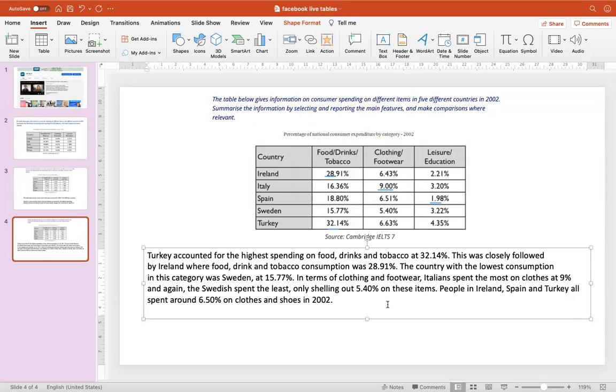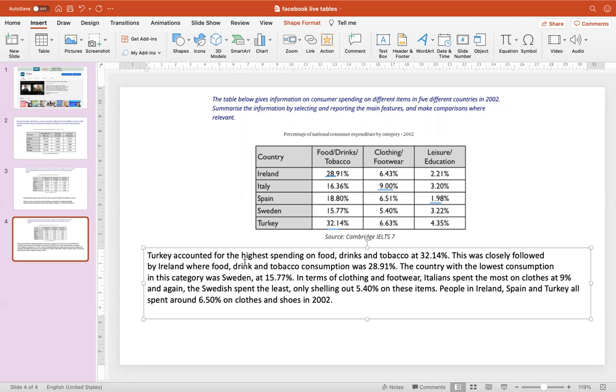Okay, let's just finish off. We're almost done. The last thing we need to talk about is leisure and education here, okay? That's our last category. So what do we say was important in this category? 1.98% important. 4.3% in Turkey is important.